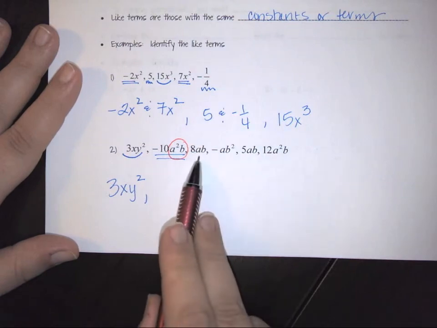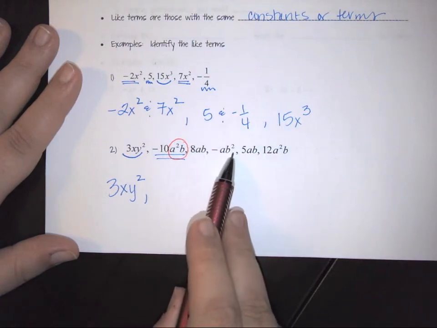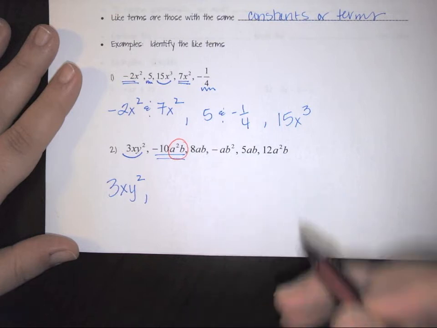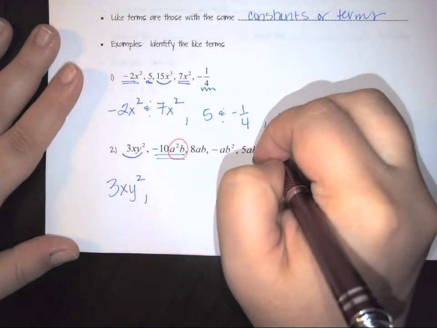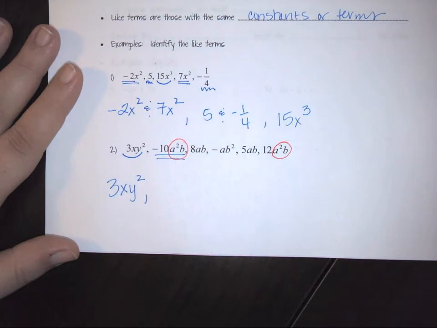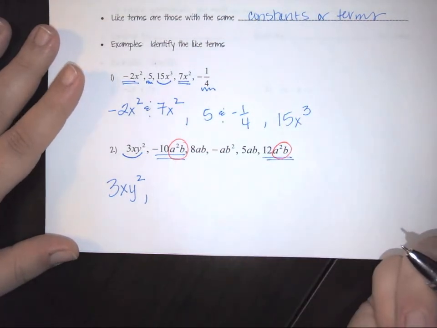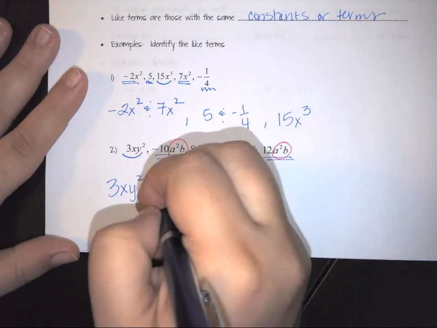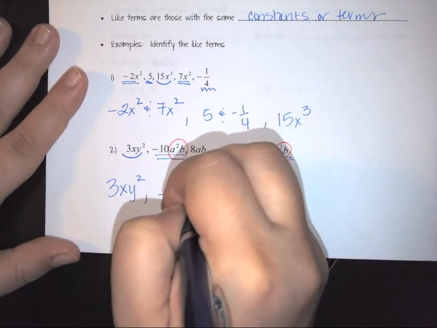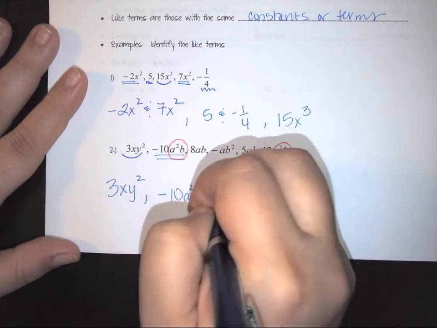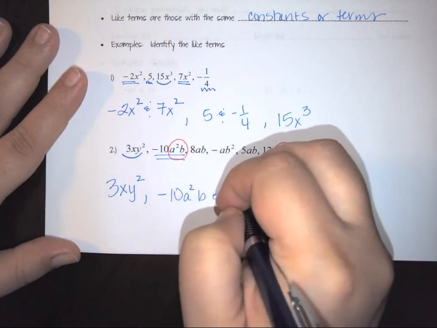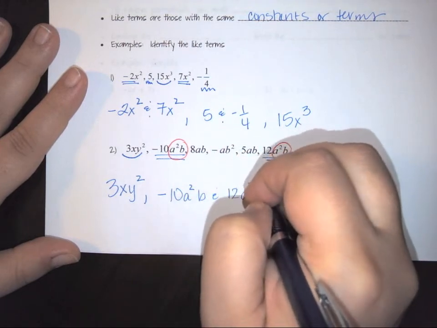So here I have an ab, here I have ab squared, here I have an ab, here I have a squared b. So this would be my second term, or my other like term. So I have negative 10a squared b, and I have 12a squared b.